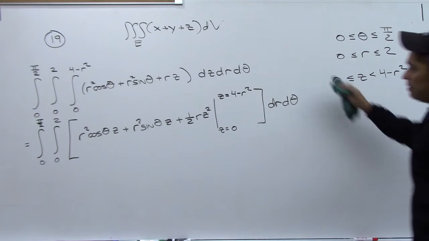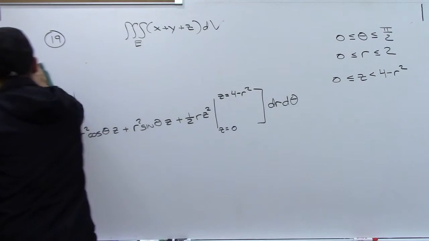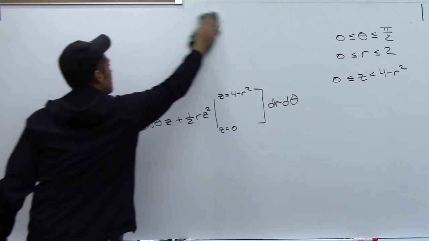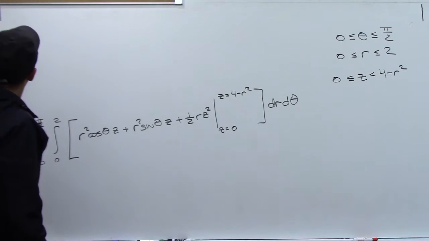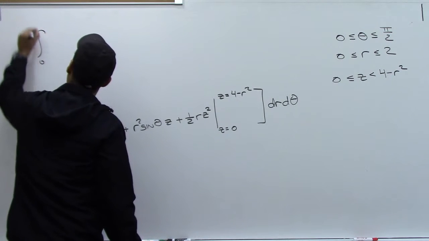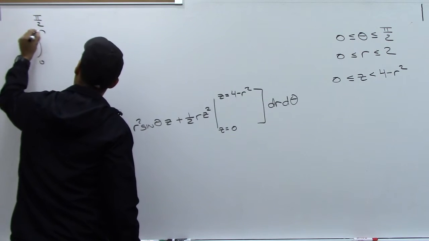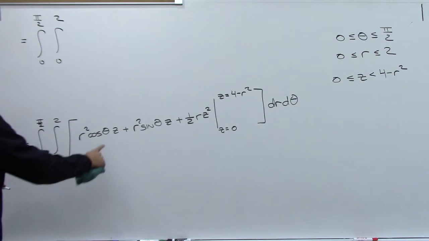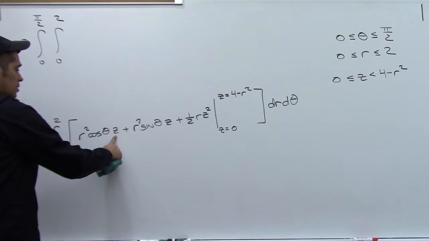All right, it's going to be ugly. It's going to be polynomials and stuff. So let's see what happens. Integral 0 to pi over 2, integral 0 to 2, and now let me replace the z with 4 minus r squared.